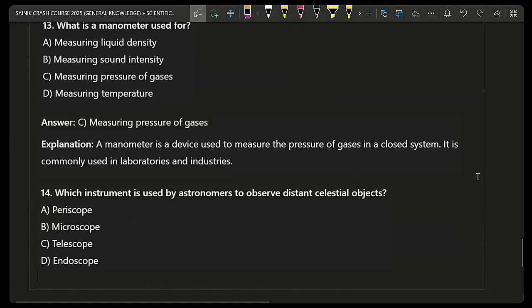Which instrument is used by astronomers to observe distant celestial objects? Periscope, microscope, telescope, endoscope. Which instrument is used by astronomers to observe distant celestial objects? Periscope, microscope, telescope, endoscope.